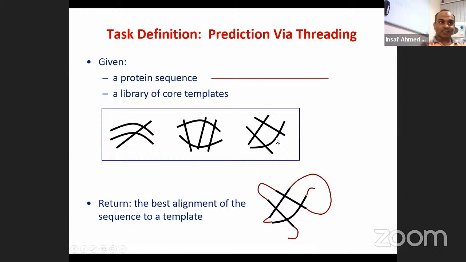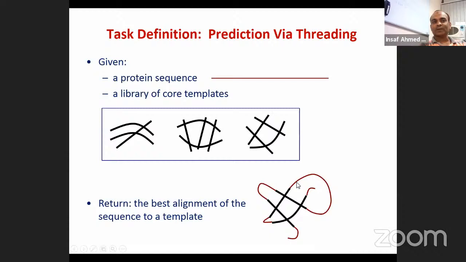Now what will happen? The server will take your protein sequence and try to fit this sequence into the different folds. Maybe it will first fit this way, and it may not fit. Then it will try this one. It may not fit, but it may fit in this one. Then it will give you a structure. So this structure will be highly defined, where it got a fold.